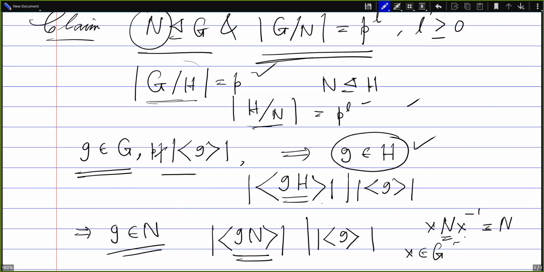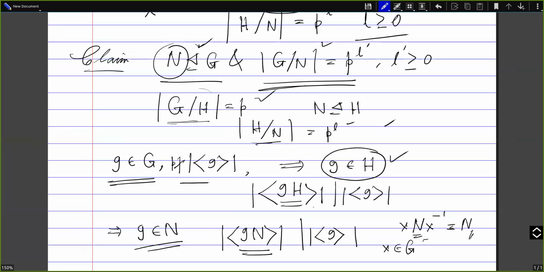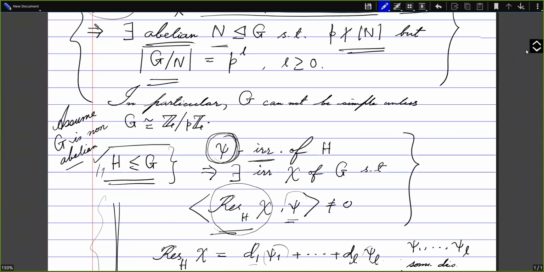So once we conjugate that, the order still is co-prime to P, hence it has to be in N. All right.